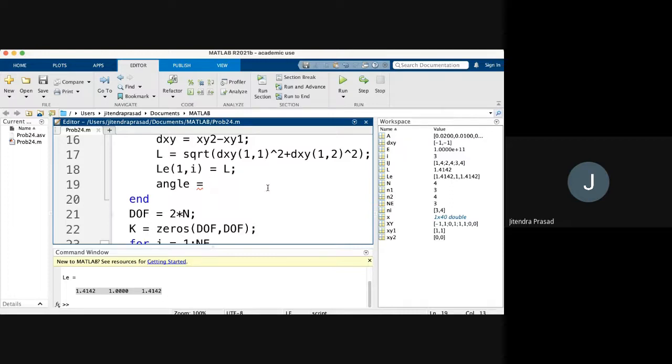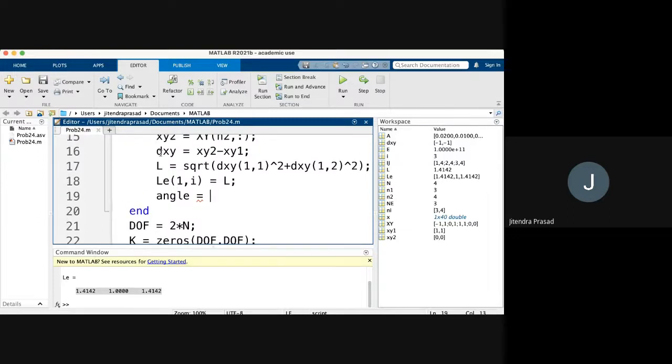So y2 minus y1 over x2 minus x1, that gives you the tangent basically. Yeah, but from there, can you find out? So we have the dx, so we have this one, right?